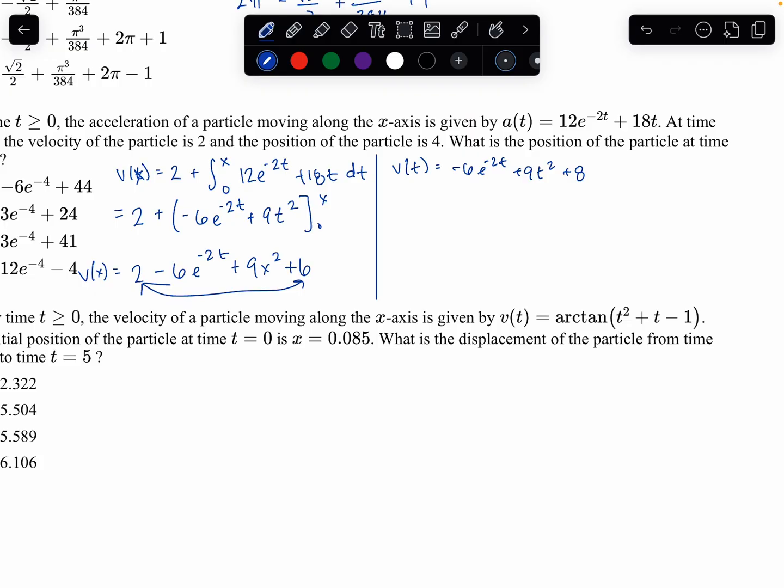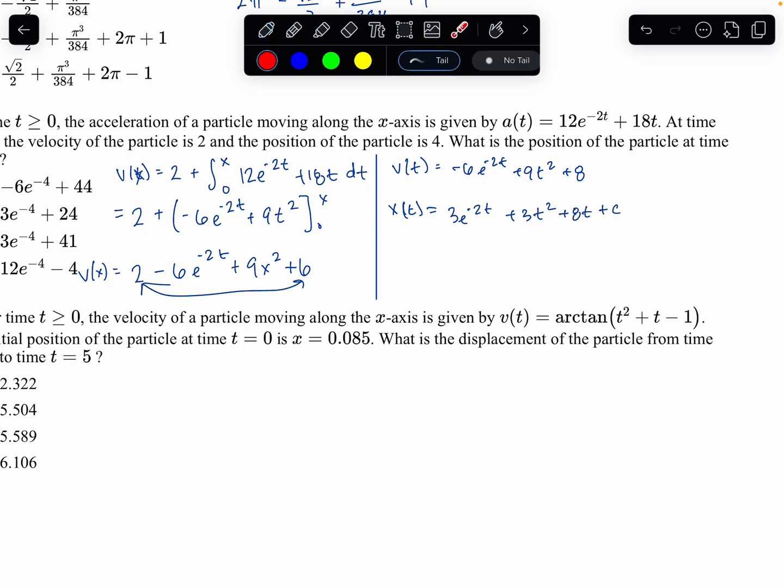So what's the antiderivative of this? We'll say x of t is going to be equal to 3e to the negative 2t plus 3t squared plus 8t, and we'll say plus c.